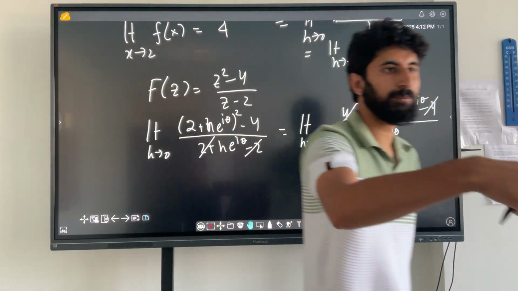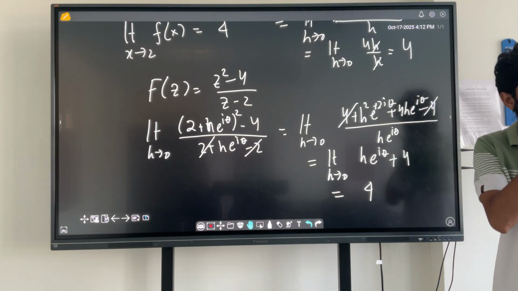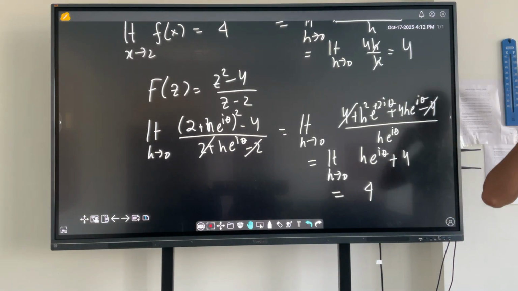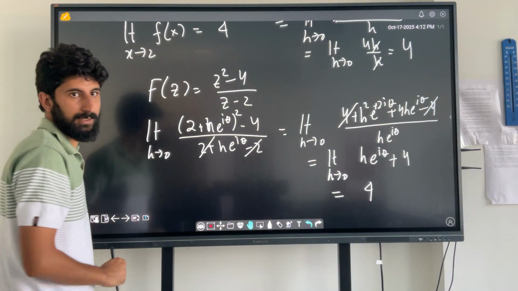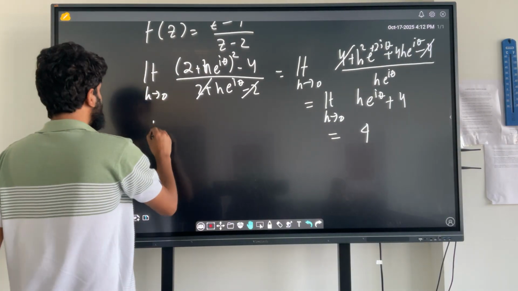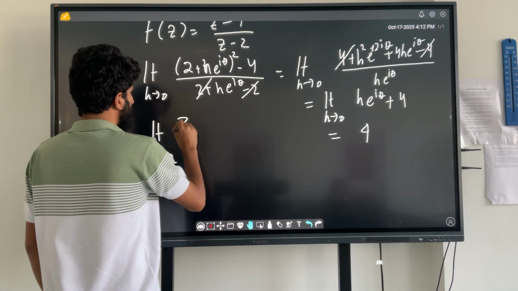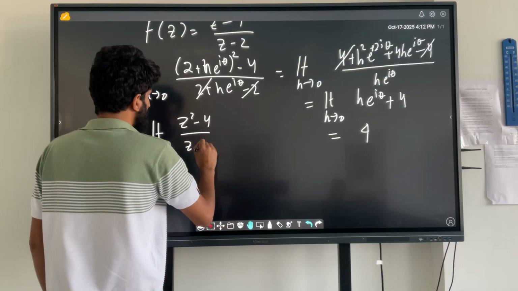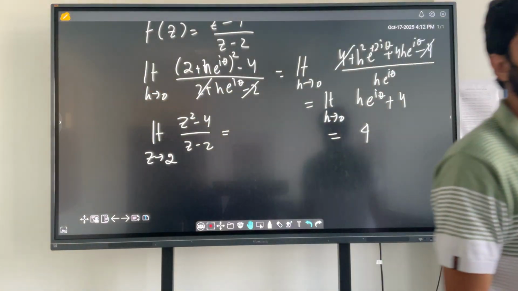No matter how I approach this point, this is guaranteed to be 4. So this limit as z goes to 2 of z square minus 4 divided by z minus 2 is well defined.